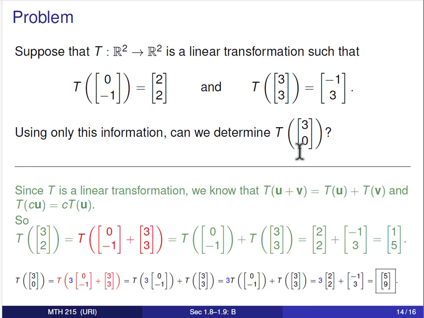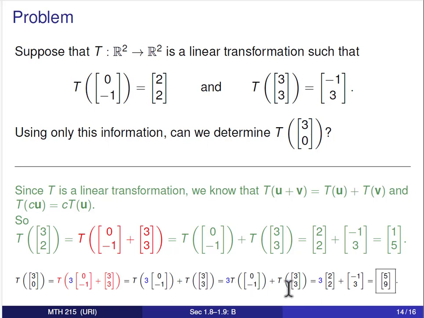Okay? Now, maybe from these two lines you get the idea that we can figure out what a lot of vectors are if we just take (0, -1) and (3, 3) and write them in different combinations. Our properties of linear transformations allow us to move the function onto each piece that's added and factor out any scalars we run into.